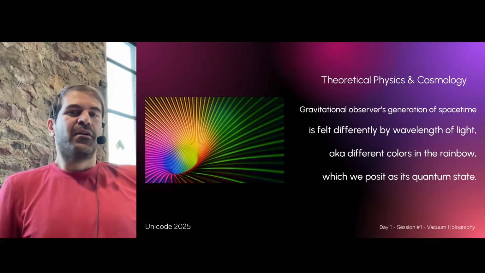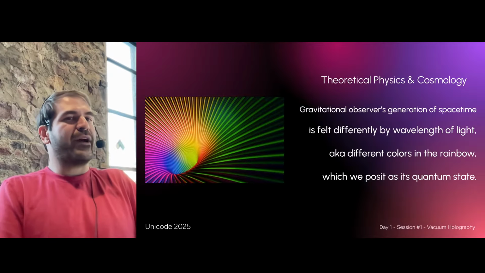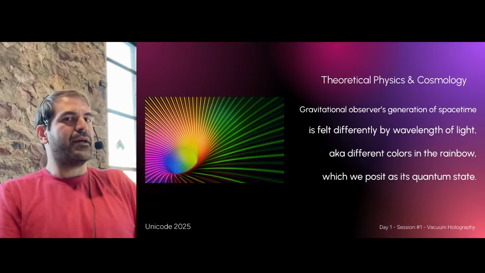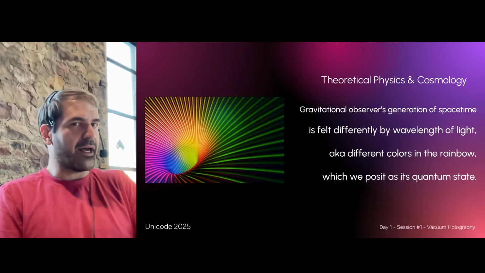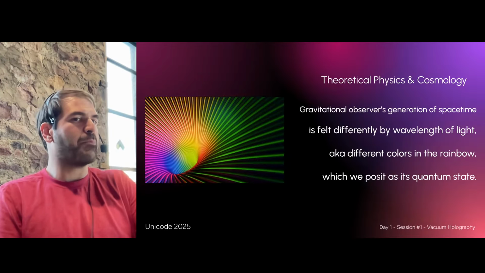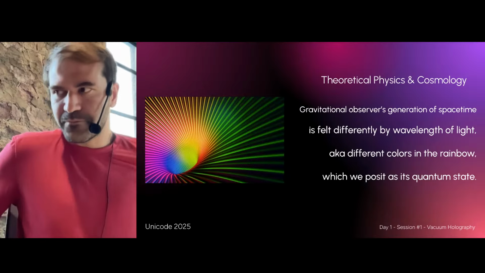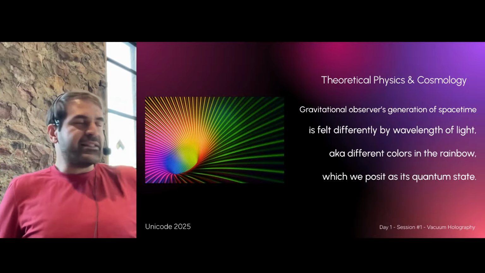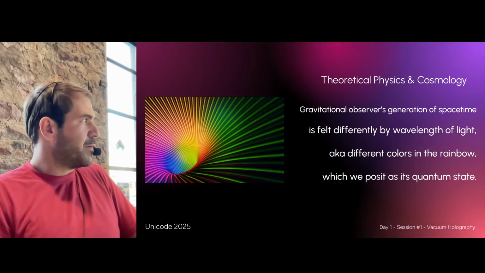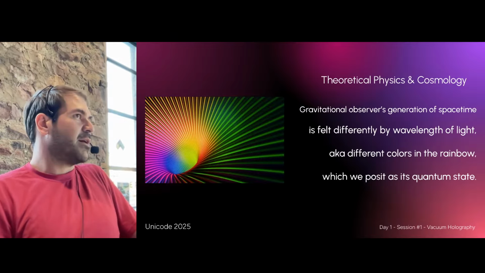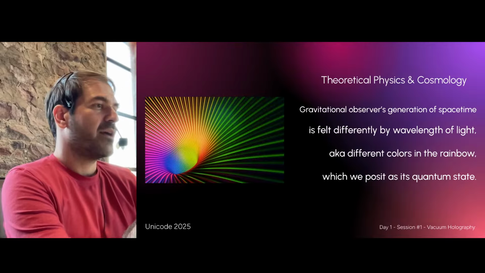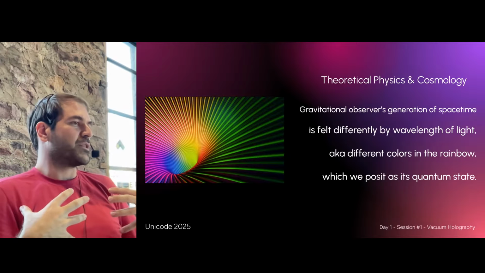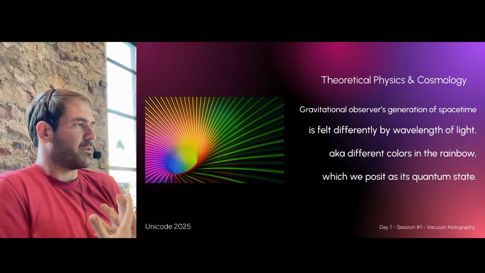So the gravitational observer's generation of space-time is felt differently by wavelength of light, aka different colors in the rainbow, which we posit as its quantum state. So again, instead of space and time being part of an externalized experience of the observer, it is the observer's own level of self-knowledge about itself as a gravitational singularity.